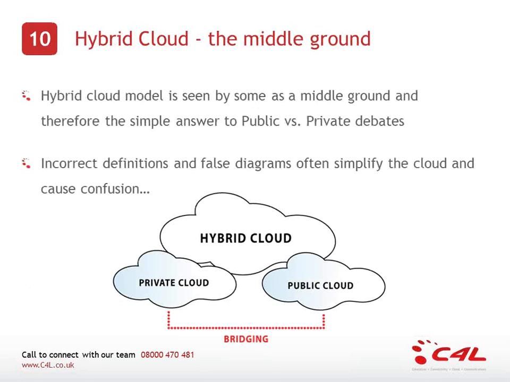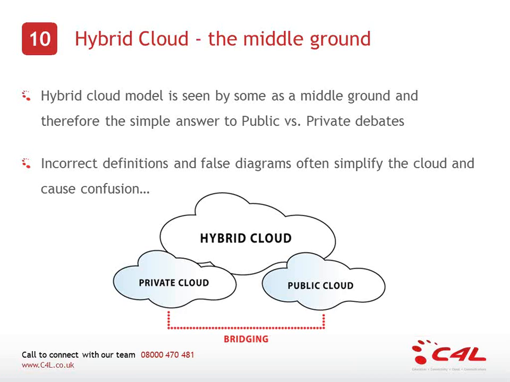So let's have a look at hybrid cloud, what some people would deem the middle ground. There seems to be quite a lot of confusion surrounding hybrid cloud, more than any of the other models, and I think some of it is that interpretation has been very much simplified. The diagram we've got here, which you will probably have seen several of if you've typed hybrid cloud into Google, very much simplifies what it's about.